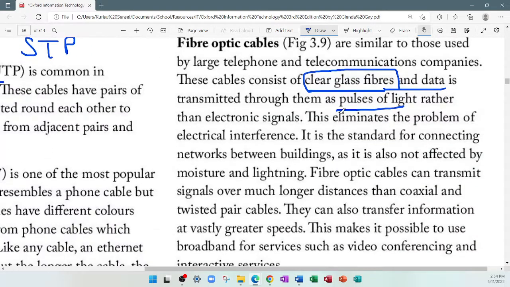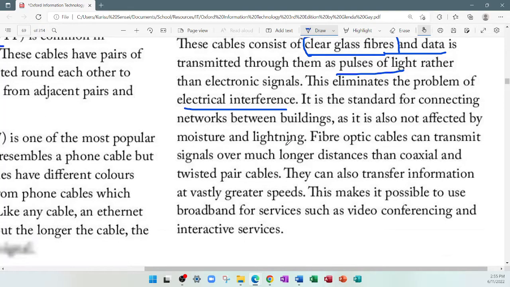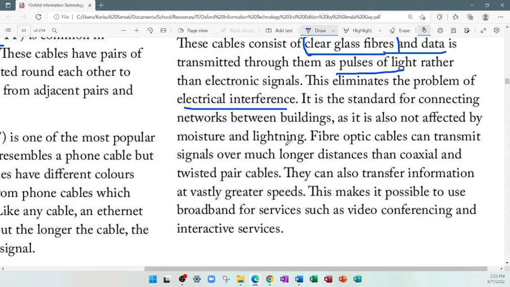Fiber optic allows us to eliminate electrical interference because we're now using light. So it's less prone to interference, but it can still be affected by other light sources and so on.